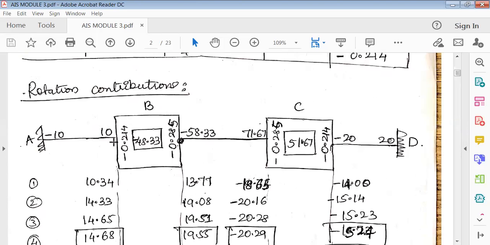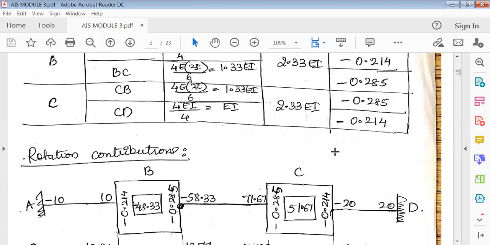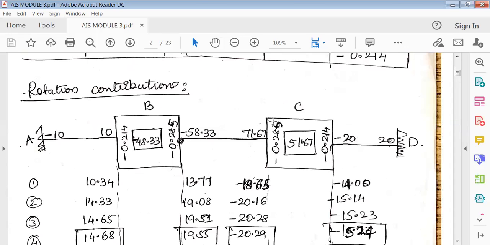In the first bigger square you're supposed to mark the rotation factors which you have found previously. Okay, so that is BA, BC, CB, CD, and then just immediate left side of this B and the right side of the B, you have to add both these fixed end moments and write it in the smaller box.